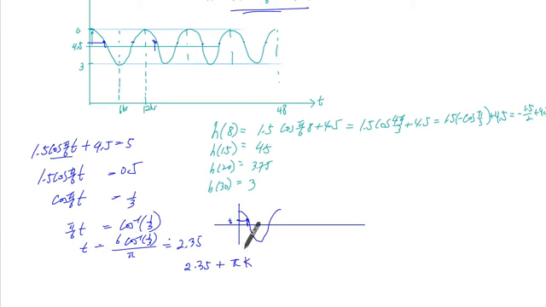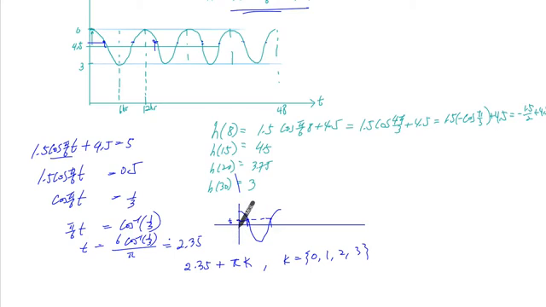And then the one after that is 2 pi, 3 pi. So this is the formula for it, where k is equal to 0, 1, 2, 3.